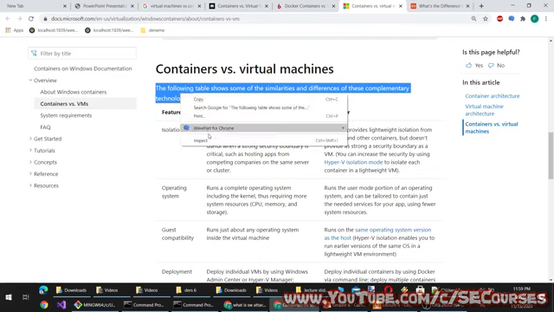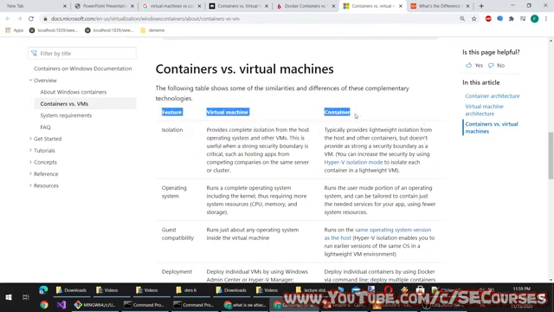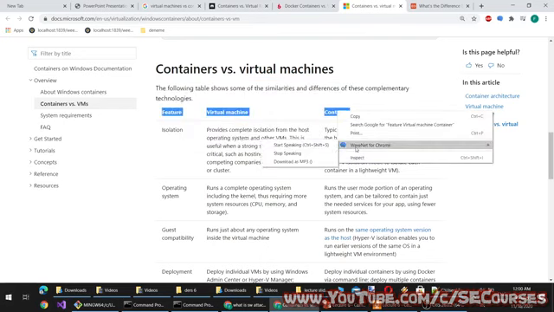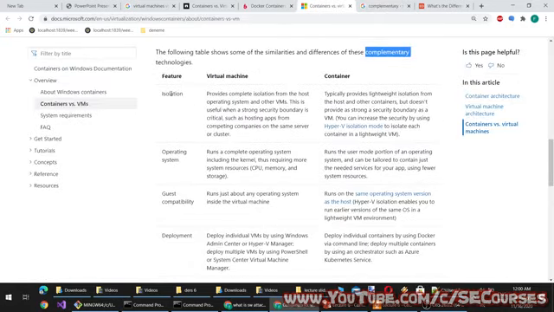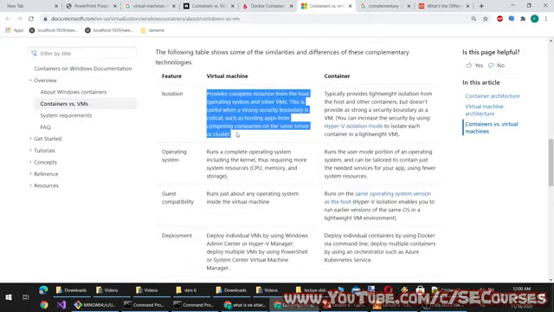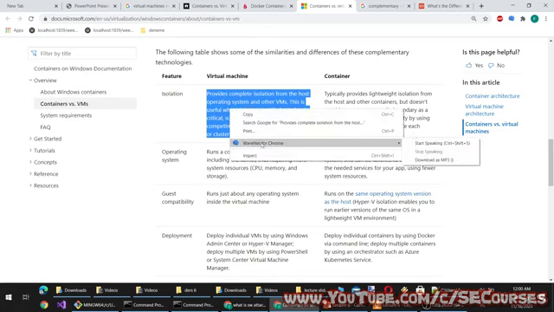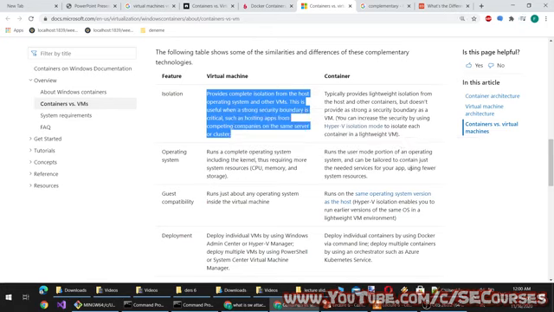Containers versus virtual machines. The following table shows some of the similarities and differences of these complementary technologies. Feature: virtual machine, container. Okay, so from an isolation feature, a virtual machine provides complete isolation from the host operating system and other VMs.